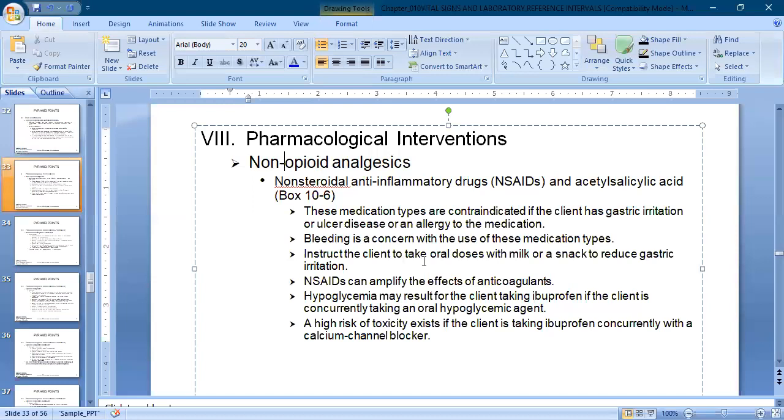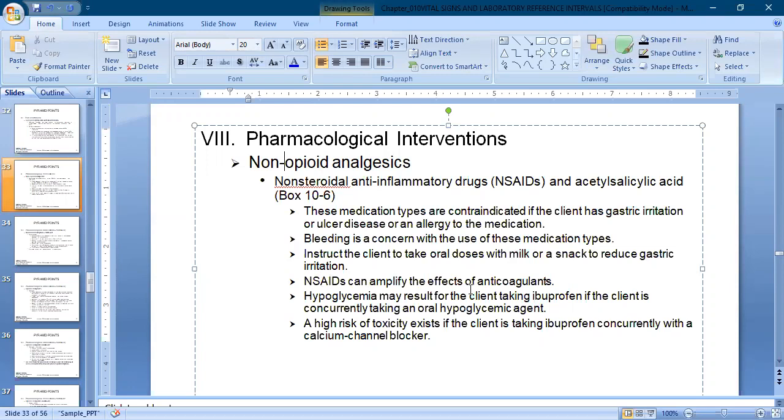Instruct the client to take the oral dose with milk, or any kind of food or snack, to reduce gastric irritation. You must know this for the NCLEX board. Also NSAIDs can amplify the effect of anticoagulants.